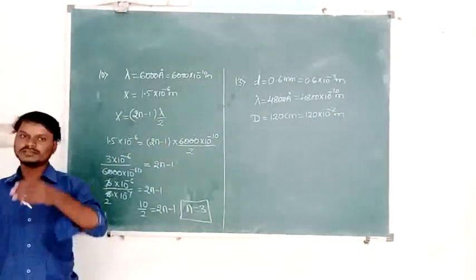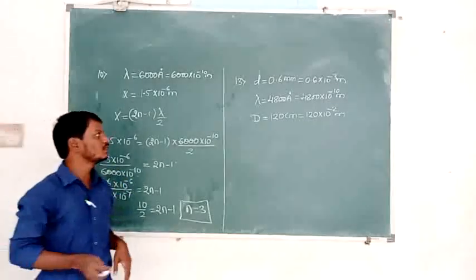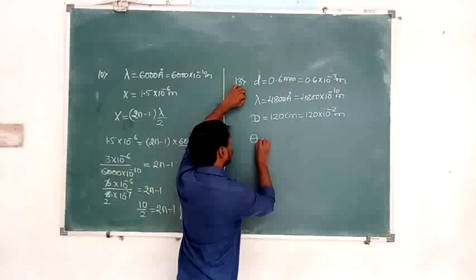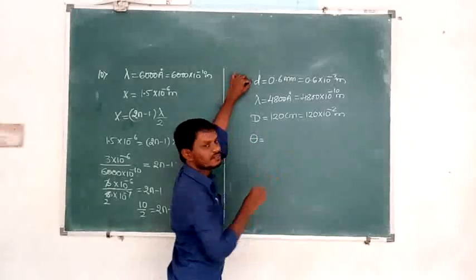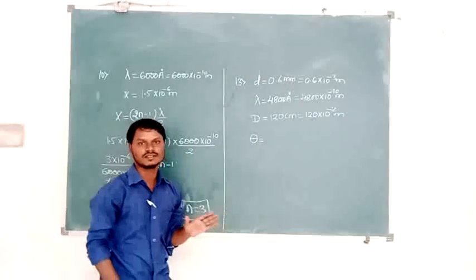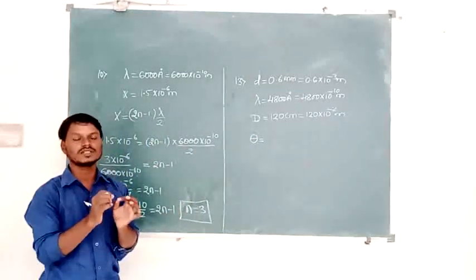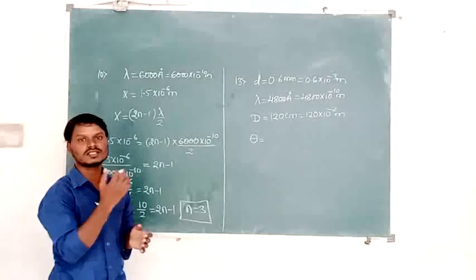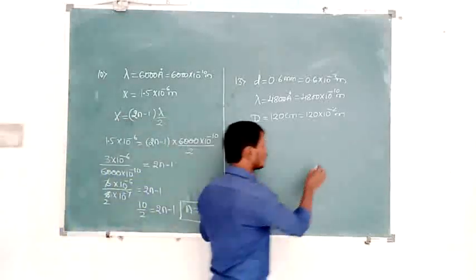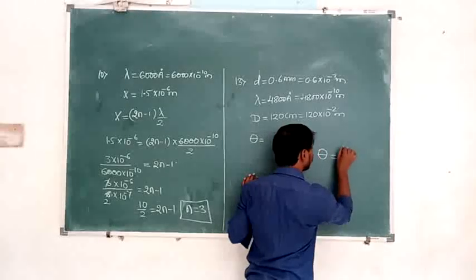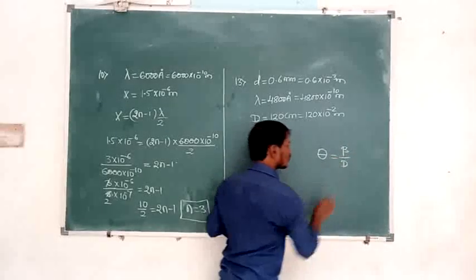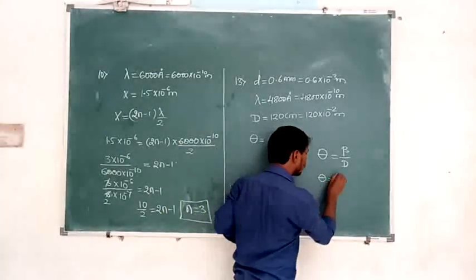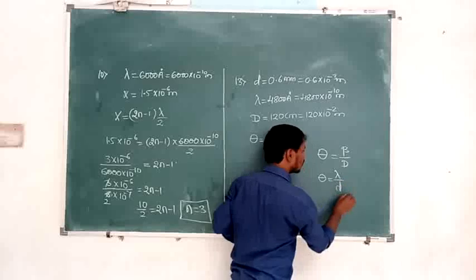By which formula are we going to find it? There are two formulae. One formula is the angular width in terms of fringe width and the distance of the screen from the double slit: theta is equal to beta by capital D. Otherwise, one more formula is there, that is theta is equal to lambda by d. Any formula you can use.